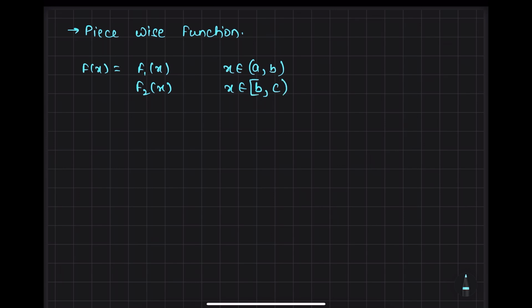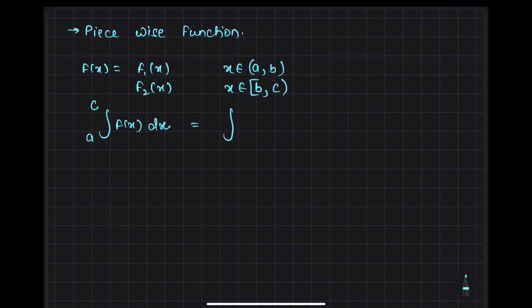Okay, and we have to calculate the integration of f of x with respect to dx from a to c. So how will you manipulate this situation? First you have to break this question into multiple questions.